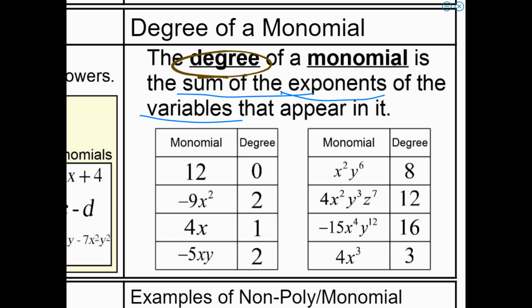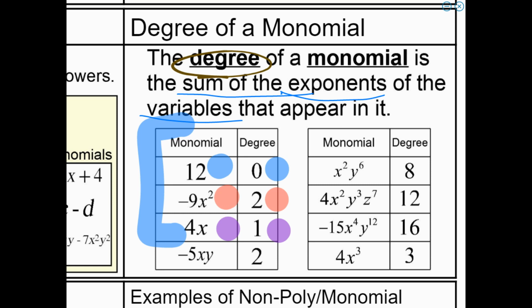Notice in these first three, the degree of 12 is 0 because there's no variable there to have a power on. The degree of negative 9x squared is 2 because the only exponent that you have is 2. The degree of 4x is 1 because there's that invisible exponent of 1 on the x.